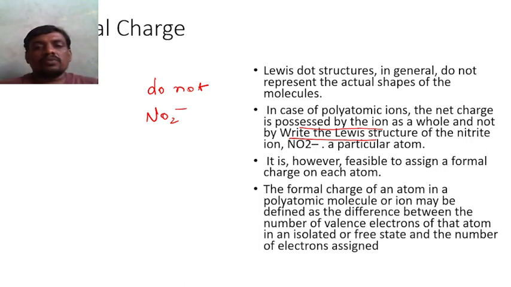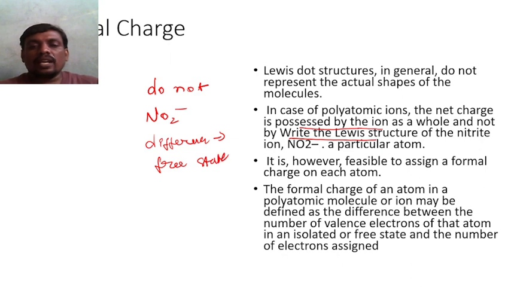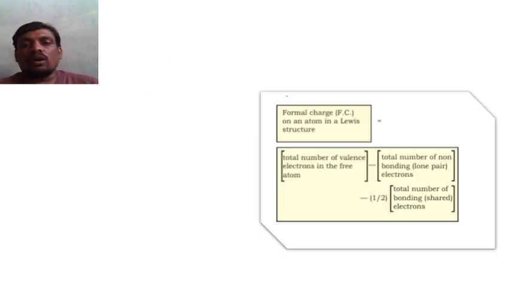The formal charge of each atom in a polyatomic molecule or ion may be defined as the difference between the number of valence electrons of that atom in an isolated or free state and the number of electrons assigned to it in the Lewis structure.